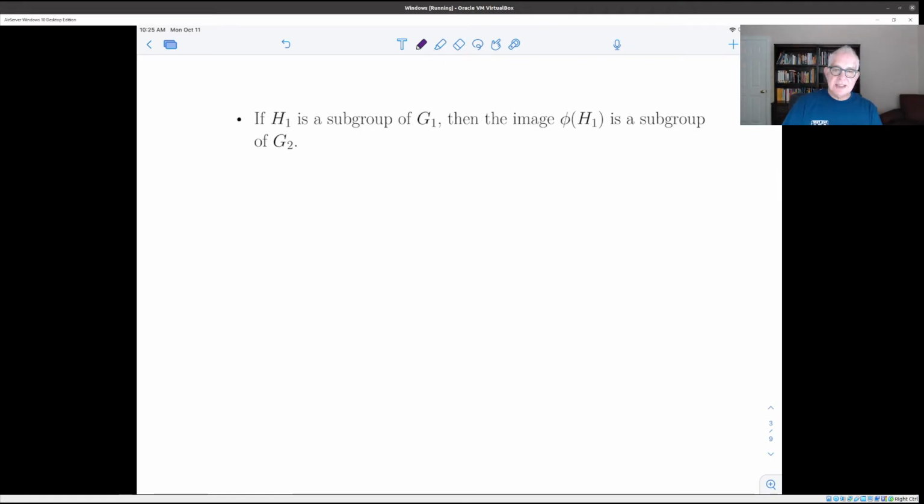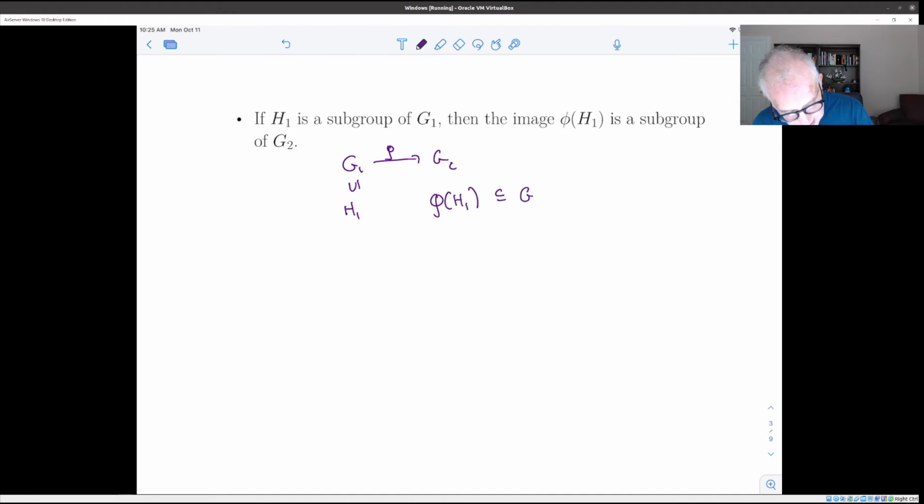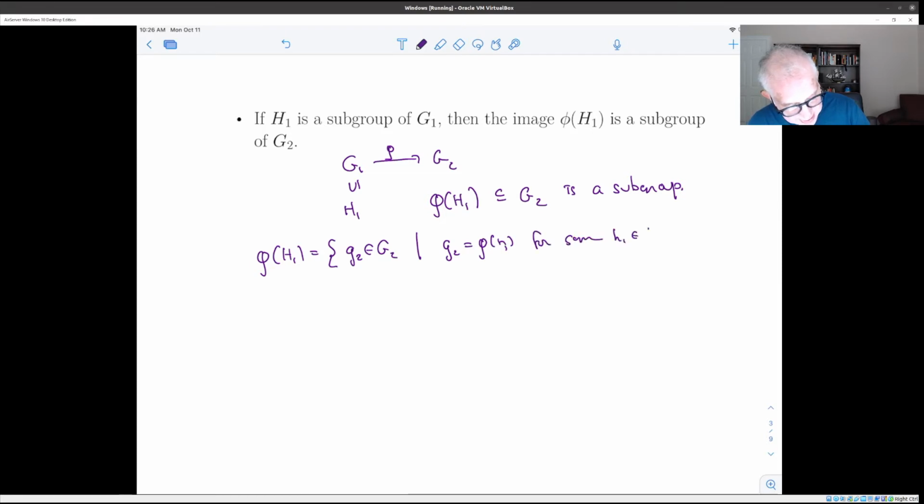Okay, so now using these two facts, we can prove the first thing that I mentioned, which is that if you have G1 going to G2 by phi, and you have a subgroup H1 here and you take its image, it's also a subgroup. So remember that phi of H1 is the set of g2 in G2 such that g2 equals phi of h for some h1 in H1.